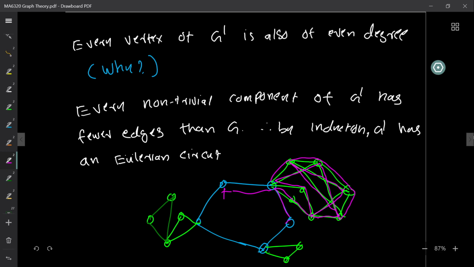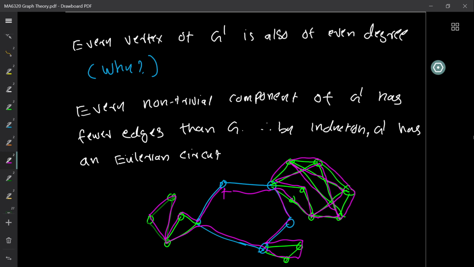If it is not, I will continue. Then I see another one, so I finish the tour there. I continue, I finish the tour here, and then I continue and come back to the starting vertex of C. So this will complete the whole cycle.